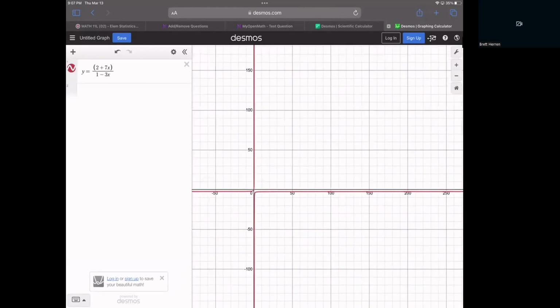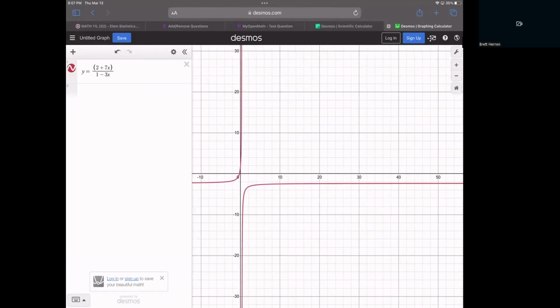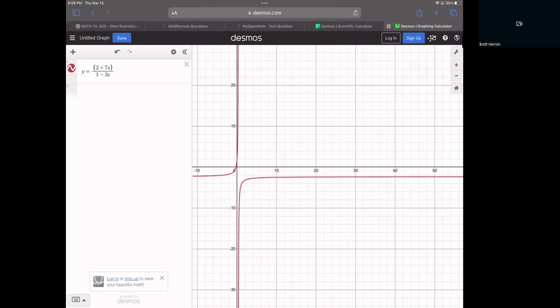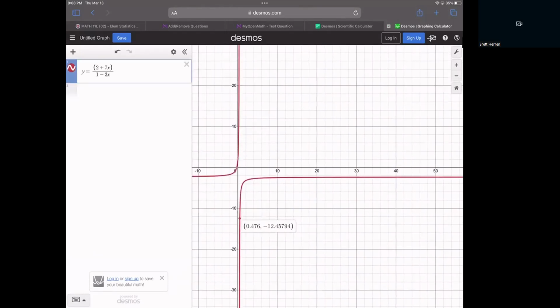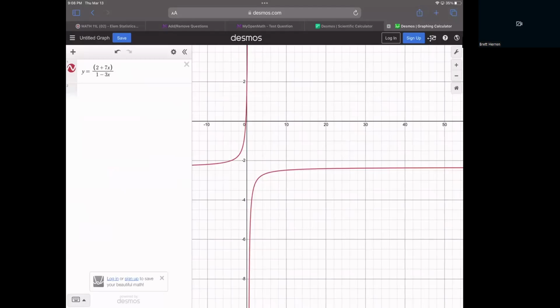And let me show you what it's doing. See how it's leveling off? It's getting closer and closer to something just below, well, just below what? Can you tell what that is? Just below there. Let's just see one of these points.